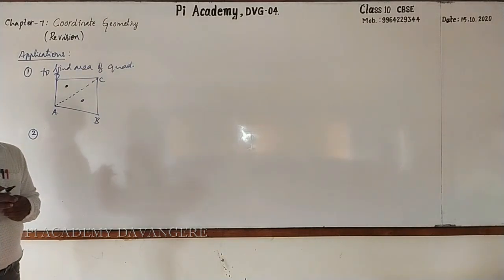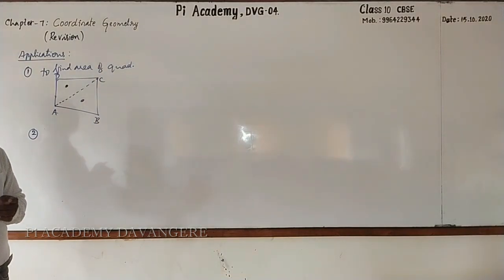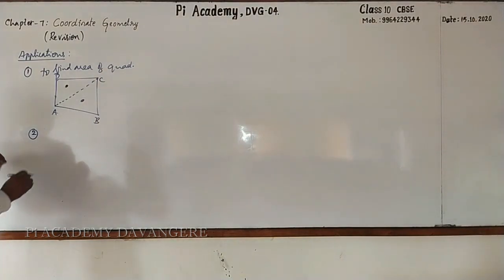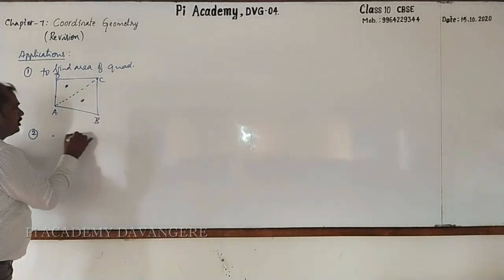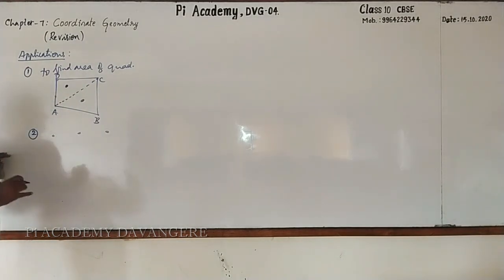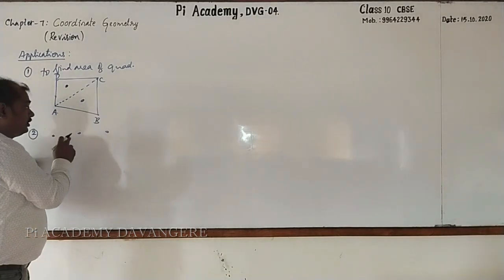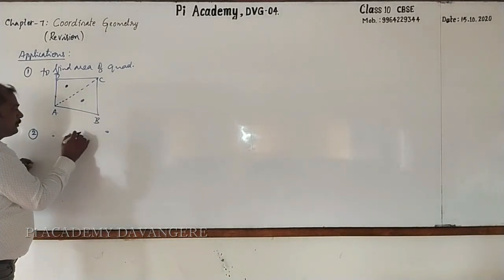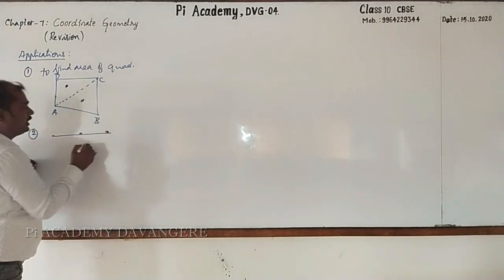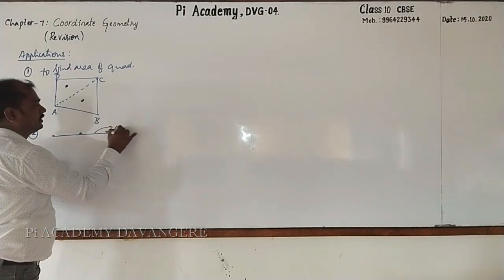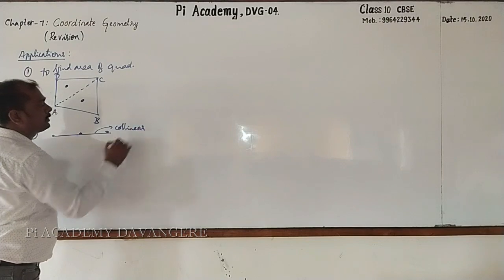Next, second, you can also use this area of triangle concept to check whether the given points are collinear or not. Dear students, to form a triangle, how many points are required? 3 points are required, right? Then, when 3 points lie on the same line, what do you call these points? They are called collinear points.